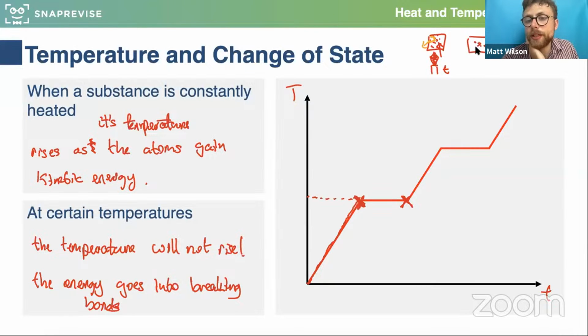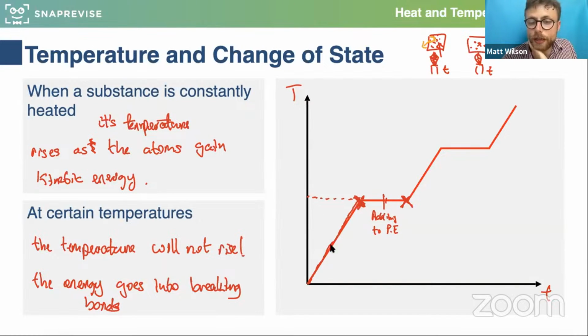They stop being bonded. They're no longer in a lattice. They're moving around randomly. And this process of breaking bonds, this doesn't add to the temperature. The temperature is about rate of motion. It adds to the potential energy instead. Breaking bonds. So all through here, what's happening to potential energy? In other words, we're breaking bonds rather than increasing the temperature.